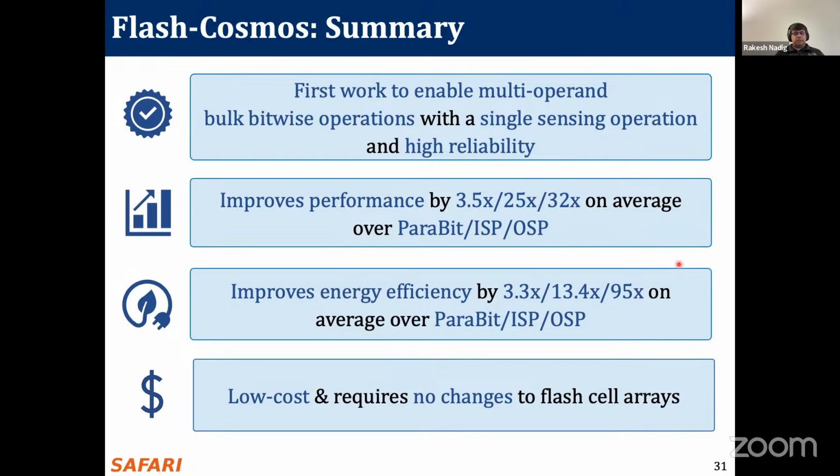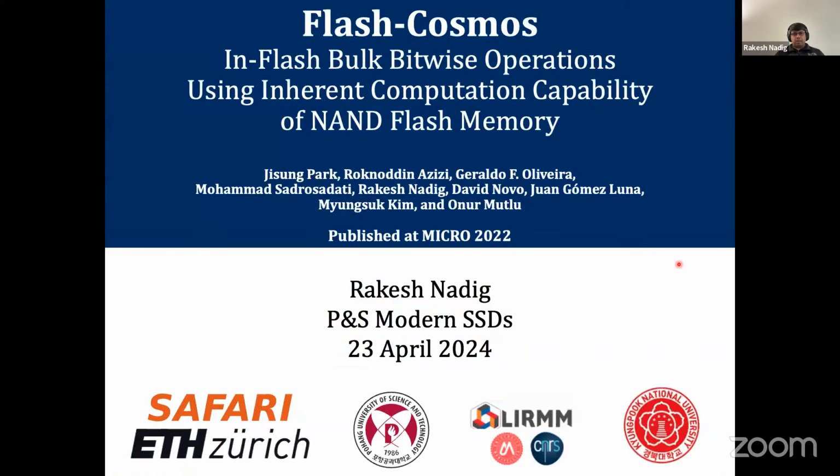We need some changes to decode the MWS operations and the new commands in the peripheral logic, but those changes are very limited and do not add any significant cost to the area or the storage. That's what I had to discuss for processing inside flash memory.